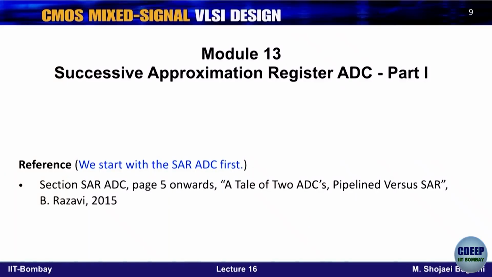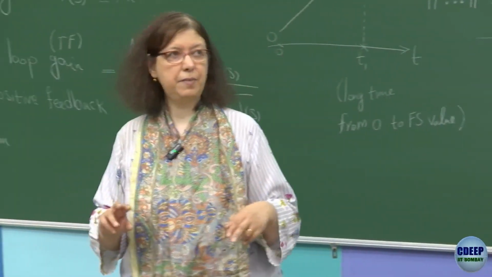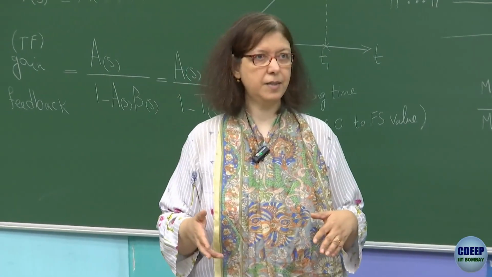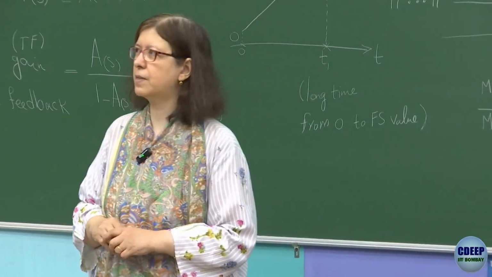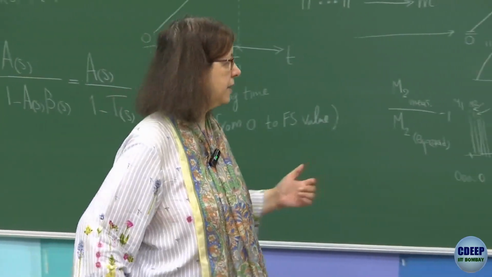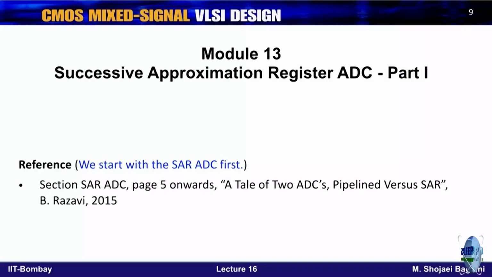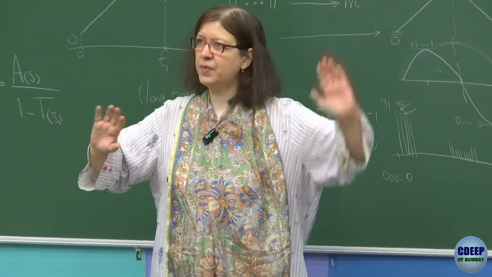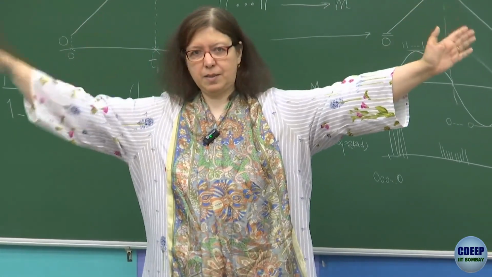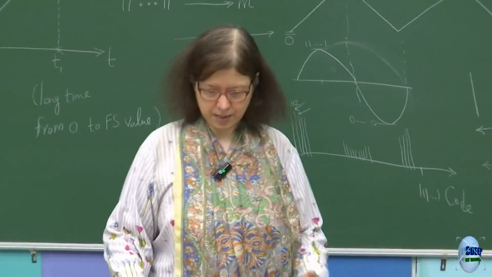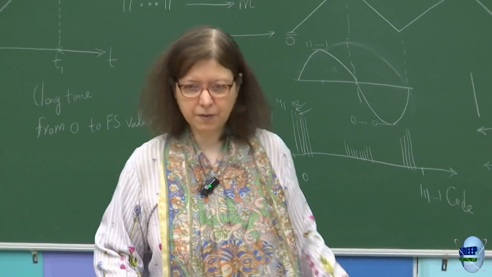This article has two ADCs, pipelined and SAR, so we will have both. He starts with pipeline and then moves to SAR ADC. I think we should make it reverse, moving from SAR to pipeline, because these are two extreme cases. Flash ADC already we know is one extreme, and SAR ADC is the other. What I mean by extreme we will now see.